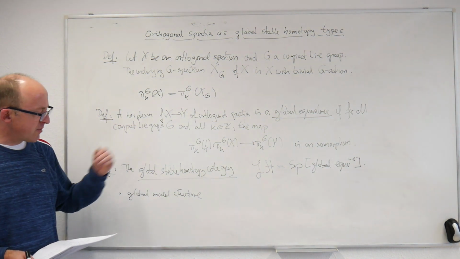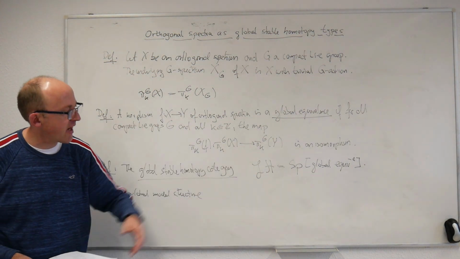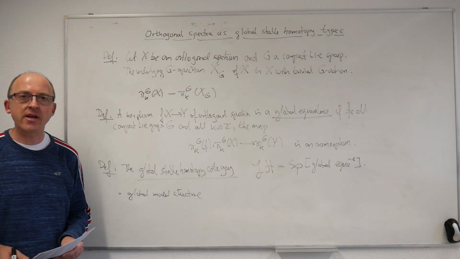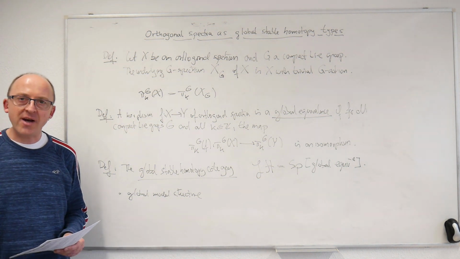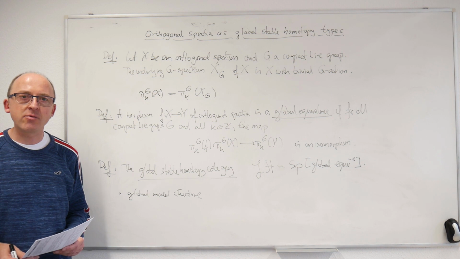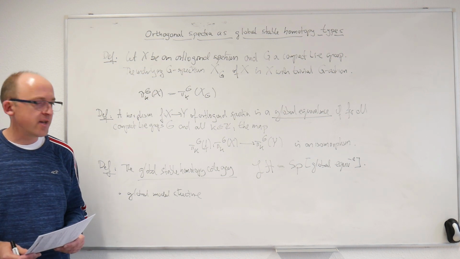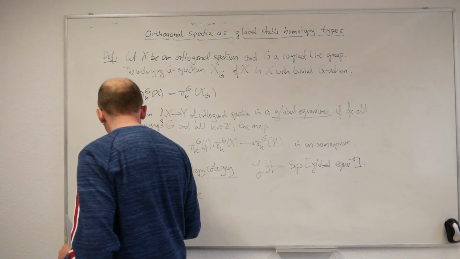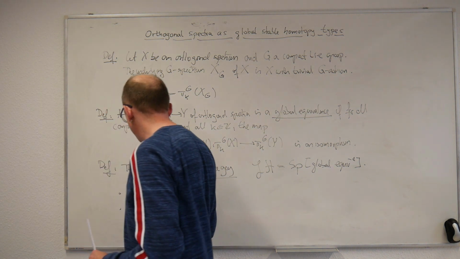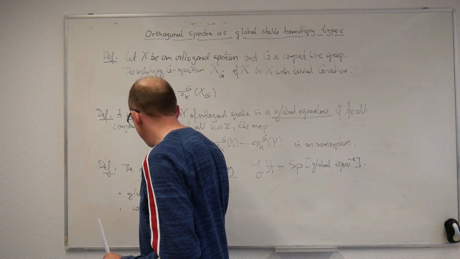This model structure will be stable, so one consequence is that this homotopy category comes naturally with a triangulated structure. Also, because it's a model structure, we could take the quasi-categorical localization and we would arrive at a stable infinity category, which is complete and cocomplete. Something I will also talk about later is that the triangulated category has a specific set of compact generators. It's compactly generated.